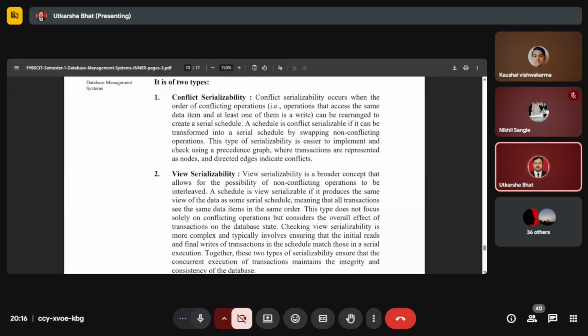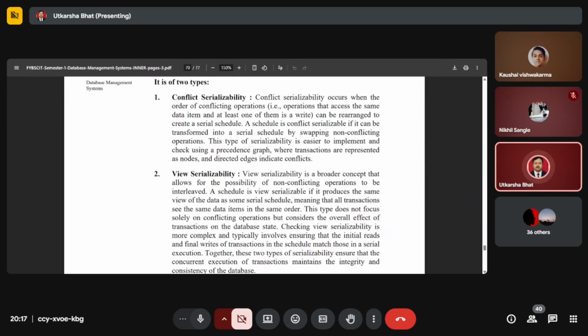This type does not focus solely on conflicting operations, but considers the overall effects of transactions on the database state.